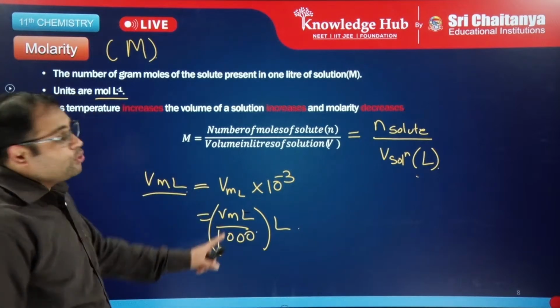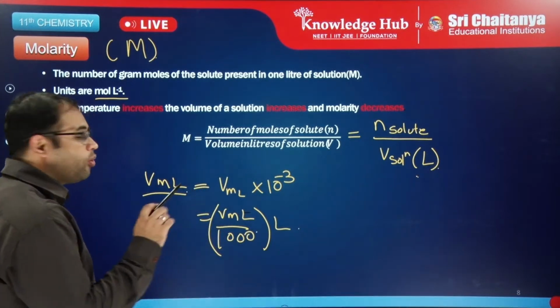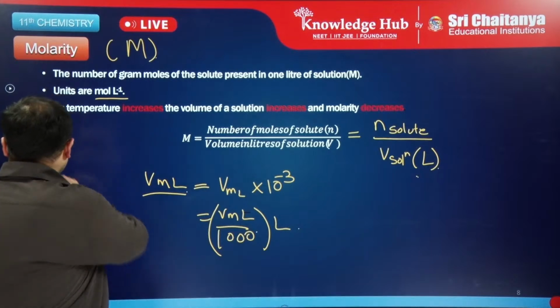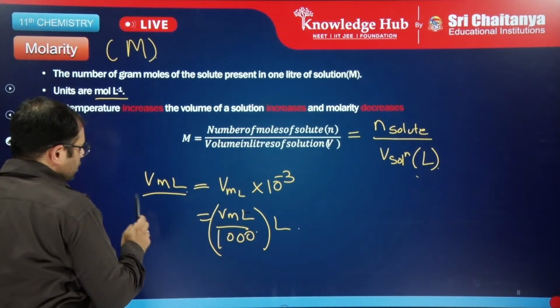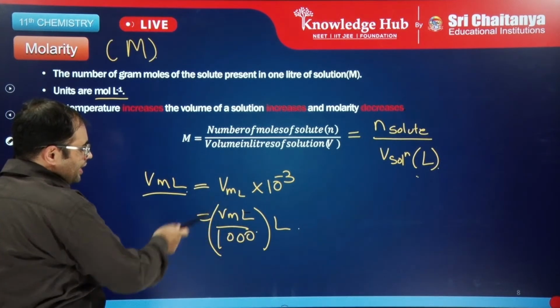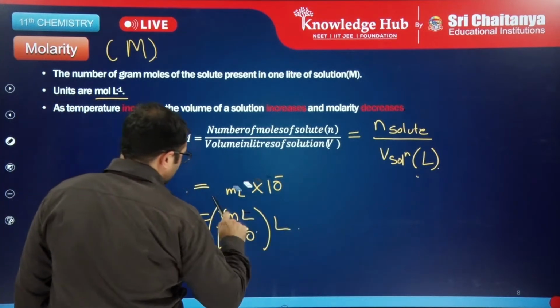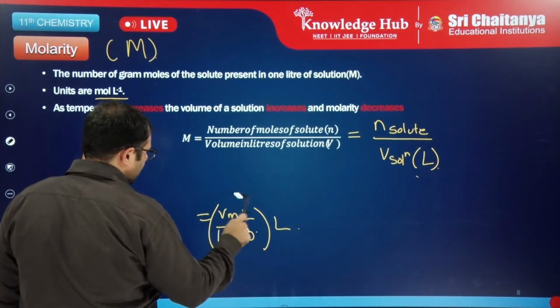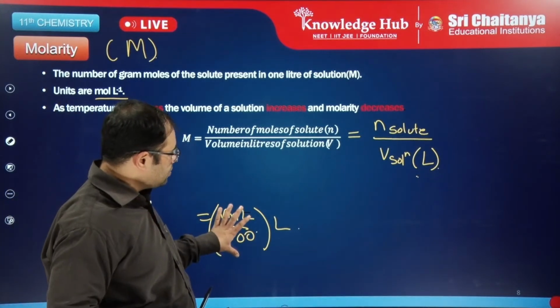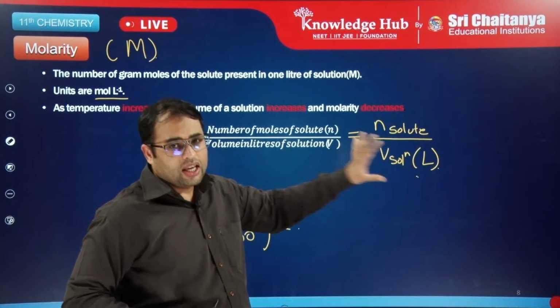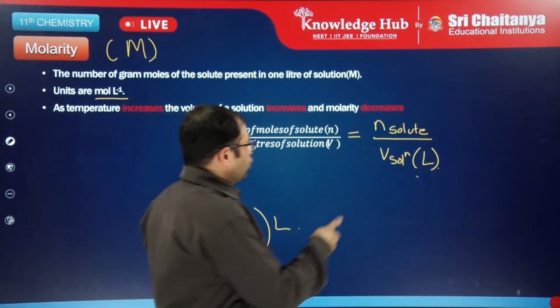So if you have to write it in ml, the formula changes a little bit. Let me tell you how it changes. This is your volume in liters, so simply substitute this part into this. If you do that, what you will get?